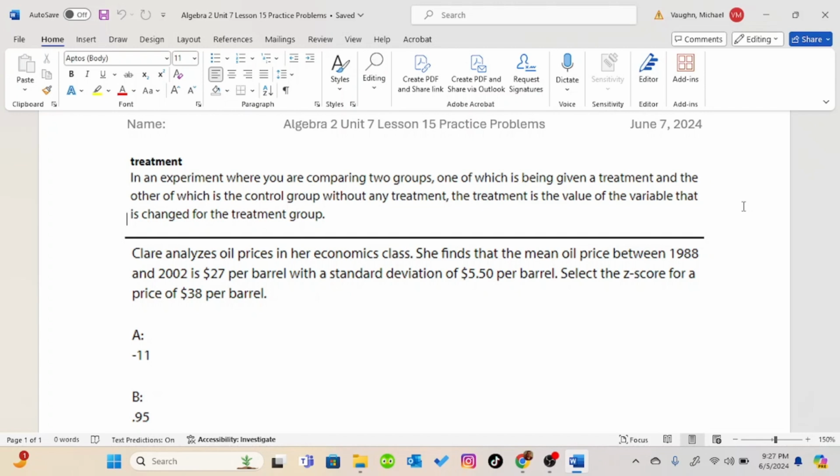In an experiment where you are comparing two groups, one of which is being given a treatment, and the other of which is the control group without any treatment, the treatment is the value of the variable that is changed for the treatment group. If you have any questions about this vocabulary term, please ask for clarification now before we begin the practice problems.